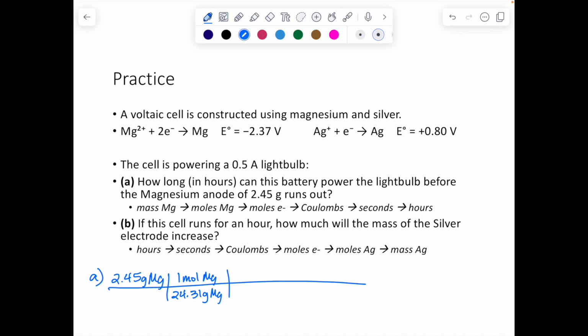We know that for every 1 mole of magnesium, we're going to transfer 2 moles of electrons. We know the charge of a mole of electrons because of Faraday's constant.